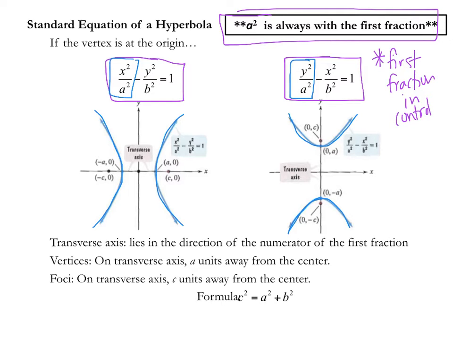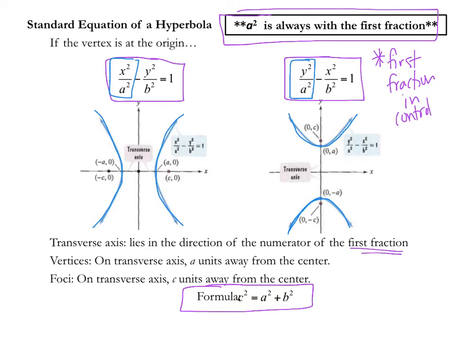So then there's just some rules here. The transverse axis always lies in the direction of the numerator of the first fraction, because again, that's what's in control. The vertices will be a units away. That's how you'll know where to put the vertices down. They're always going to go where the first fraction tells you to go. And then the foci are c units away, but we have a new formula for foci, and this is a formula that should look familiar.